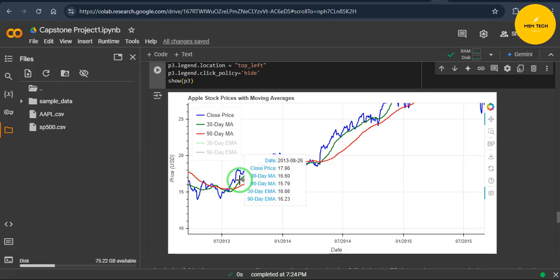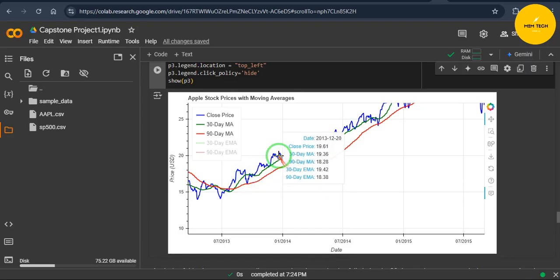Analysis suggests a potential buy signal when the stock price approaches the 90-day moving average, and a sell signal when it drops below the 30-day. For example, here this is a sell signal, this is a buy, this is a sell again. And when it cuts from above the 30-day moving average, it's a sell signal.